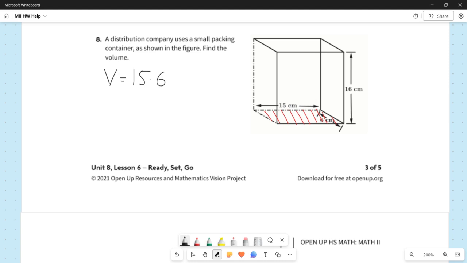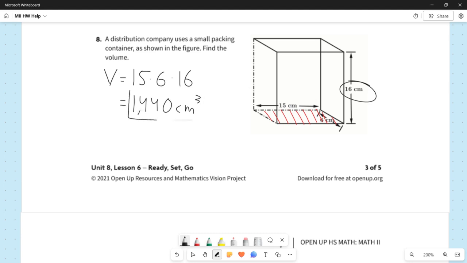And then in order to get the volume, I multiply by the height, which is the distance between the bases, which is 16. So I can take this and multiply by 16. I simplify this, and I end up getting 1,440. Now we're talking about centimeters here, and it's volume, so it's cubic centimeters.